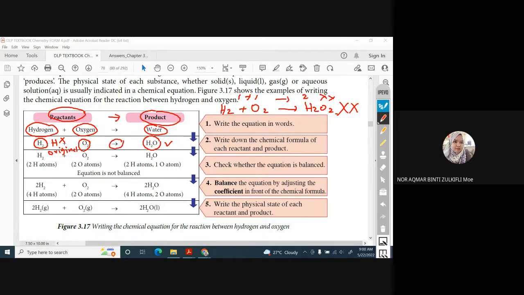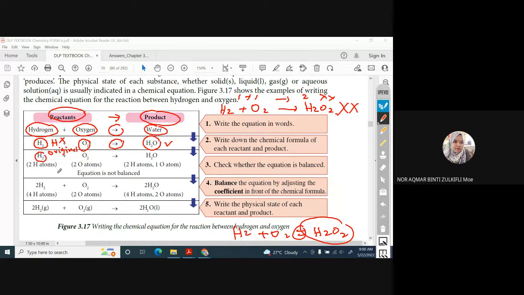Ini mau tunjuk produk saja. Arrow. Ramai pelajar buat macam ni juga: H2 plus O2 equal to H2O2. That's why dia dapat produk macam ni, sebab dia buat equal. Ini bukan equal. Arrow means the product that forms. Okay, so you jangan change ini.